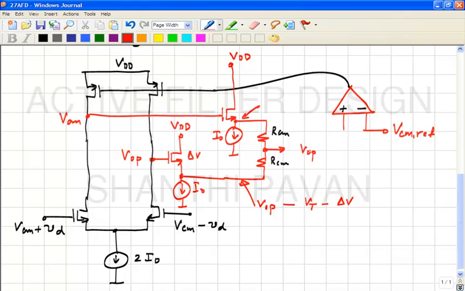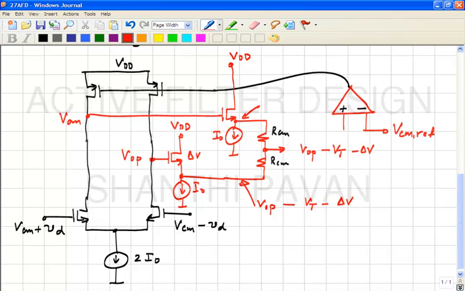If VOP is the same as VOM, then both the sources are the same voltage. So when you join those two nodes together, you get VOP minus Vt minus delta V.